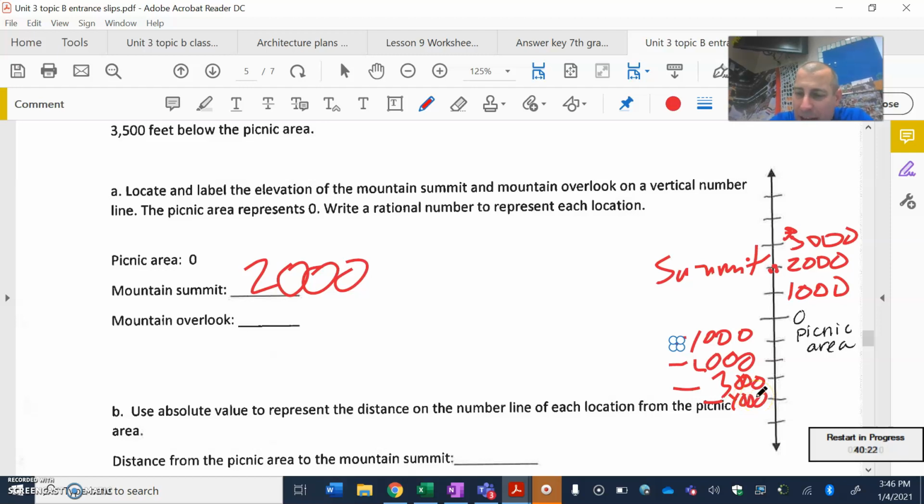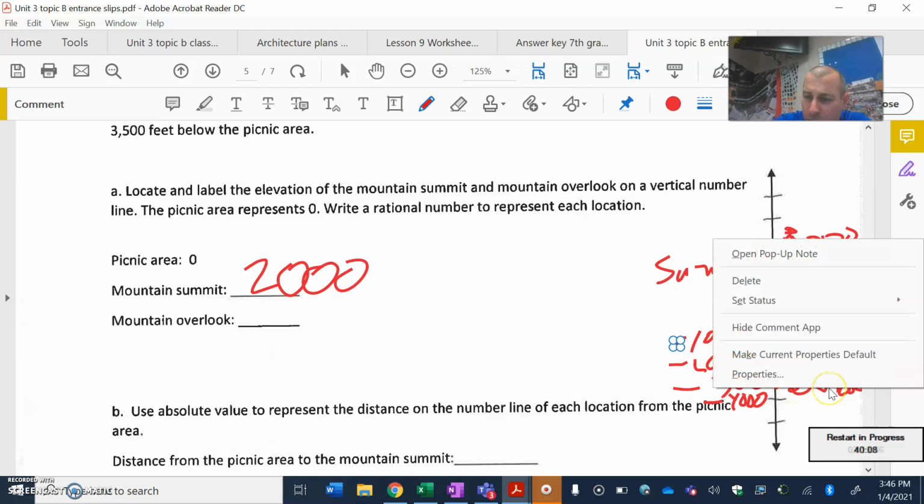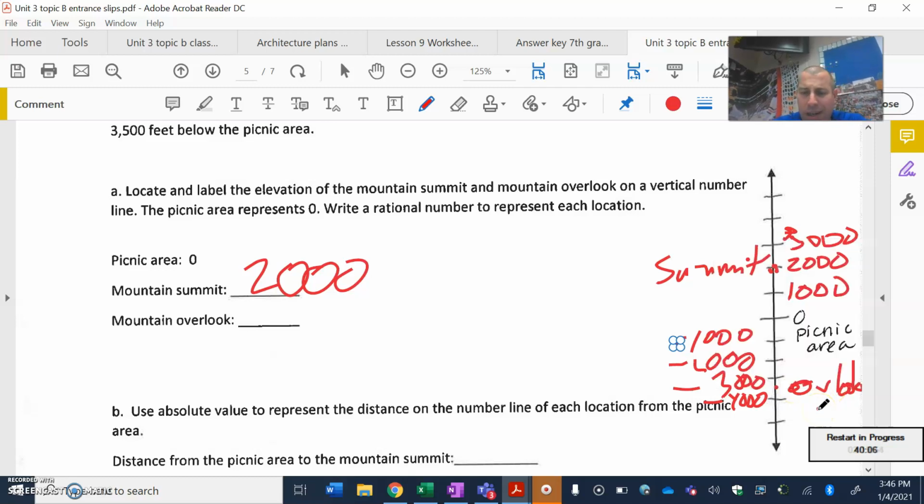So that means it has to be right in the middle there, and that's where the overlook is. Sorry, the spelling here is just atrocious. Overlook. So we're below it, so negative 3,500.